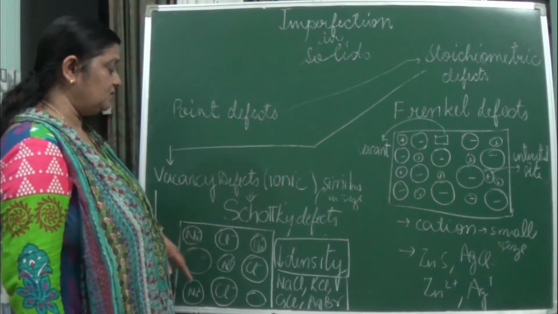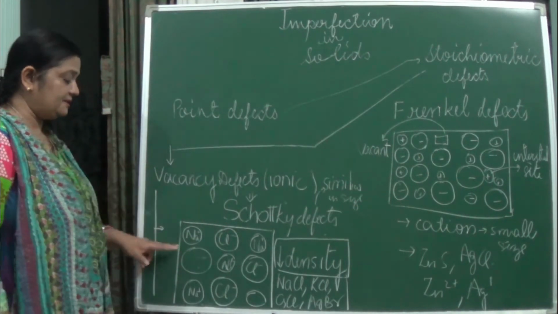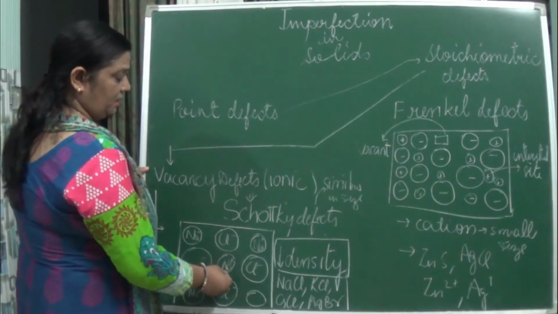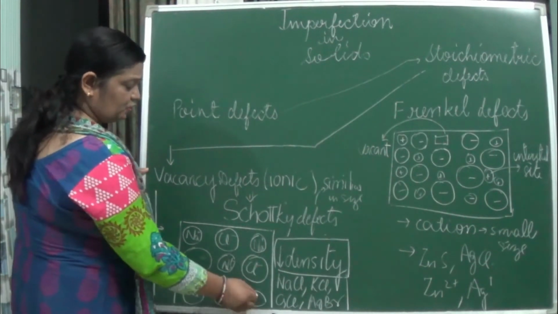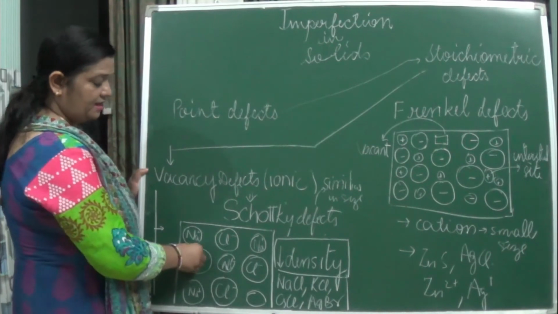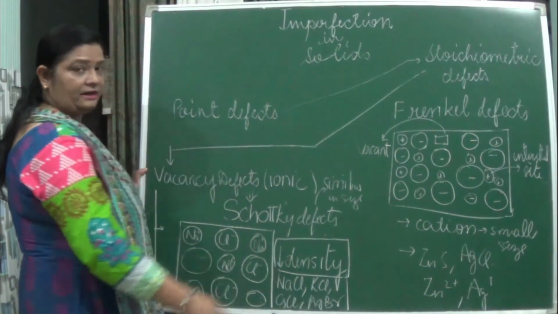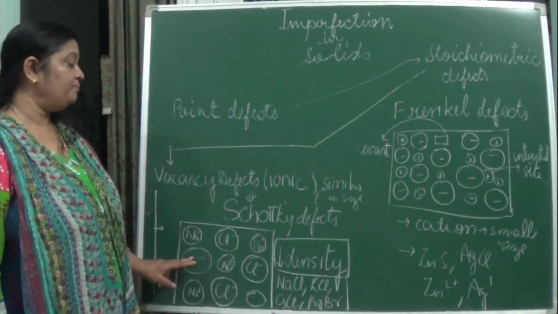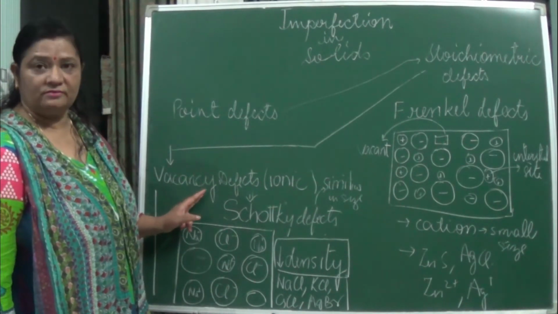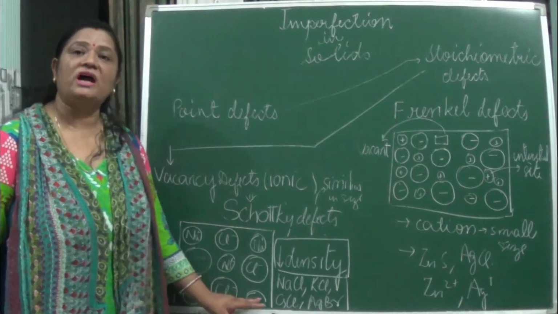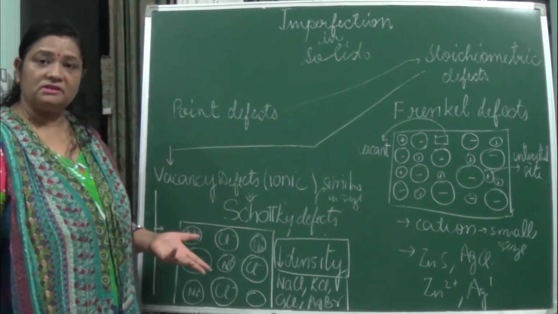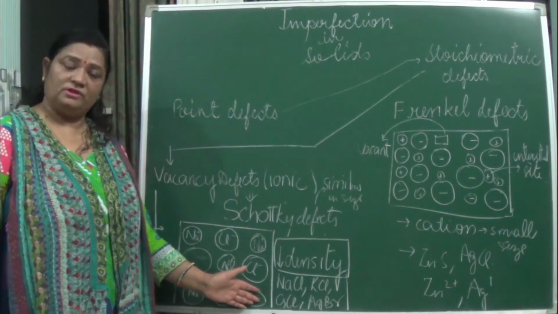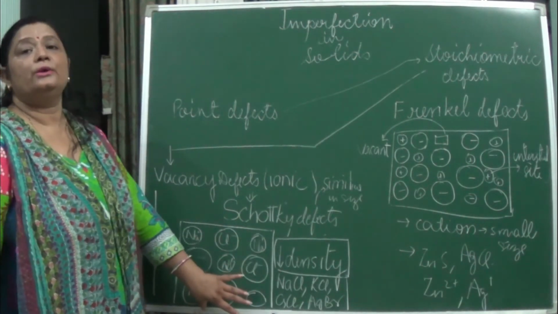But what happens in this Schottky defect? You can see the whole lattice is placed here, but here we see two vacant spaces. From here Cl is missing and here Na is missing. It means one positive charge and one negative charge is missing, creating a vacancy defect. But when we talk about the charges, there is no difference, because one positive charge is missing and one negative charge is missing. Now also it is in neutral form.